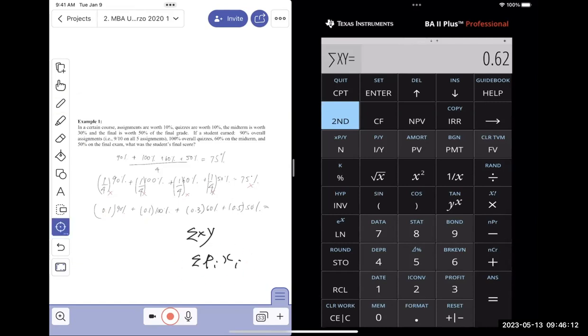So this becomes the weighted mean calculation. And I don't have to divide by anything because the weight is already a fraction. I just add them up. So this is the symbol for sum. And that's how I get 62. So you were mostly right.